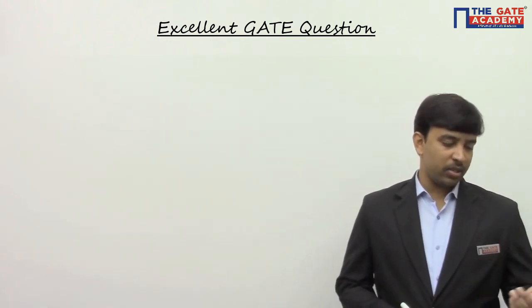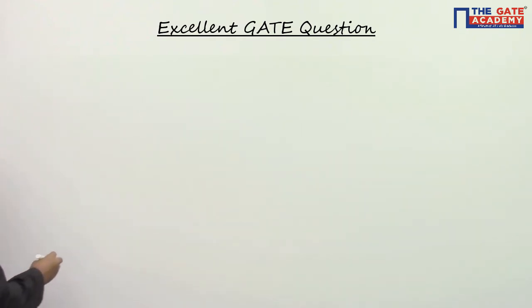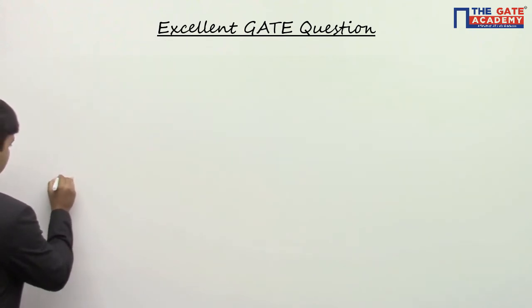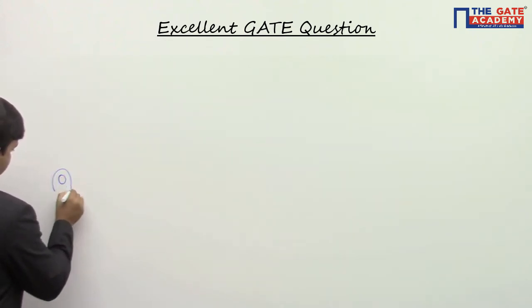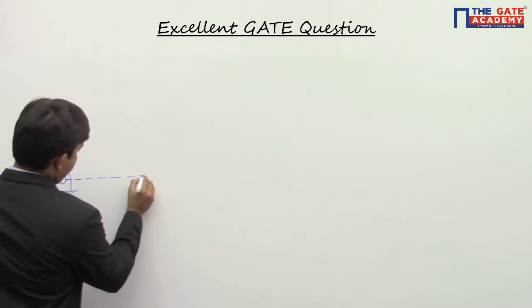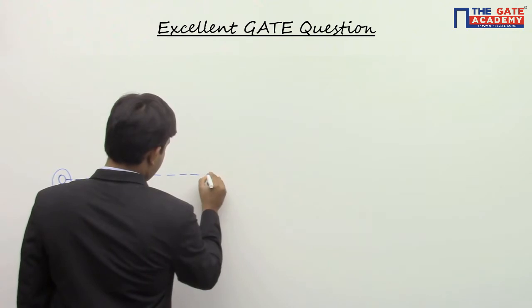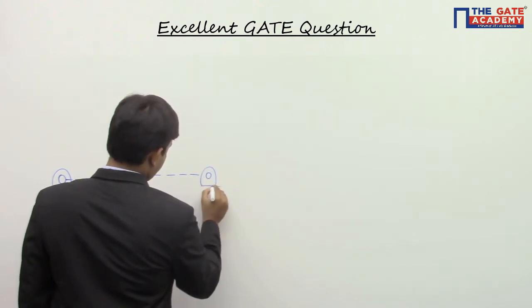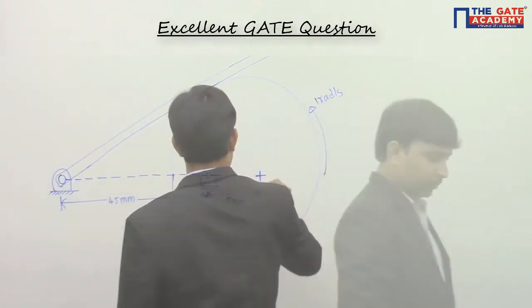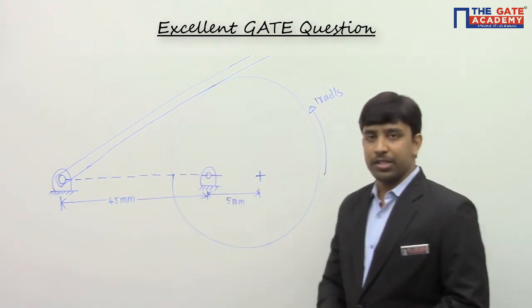In this he gave the velocity of the eccentric disk and he is asking us to find out the velocity of the follower. This is the given question.